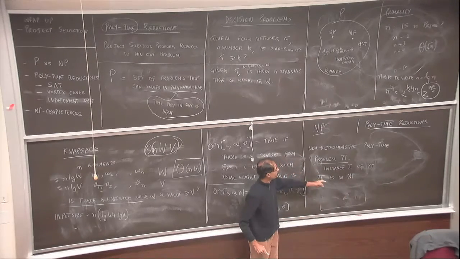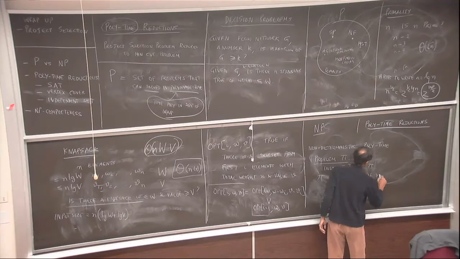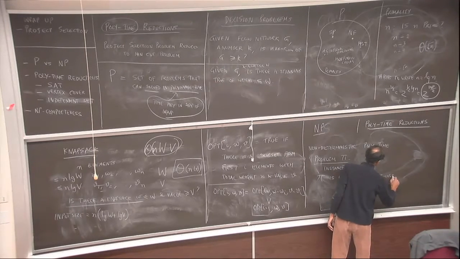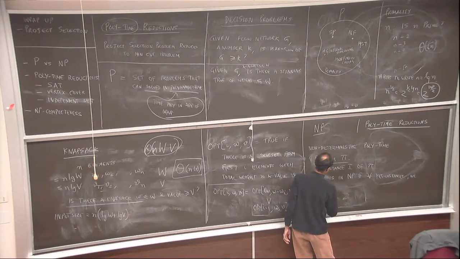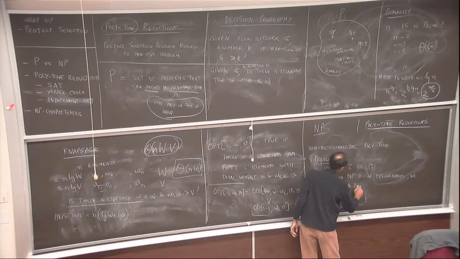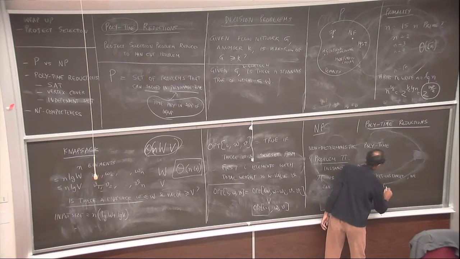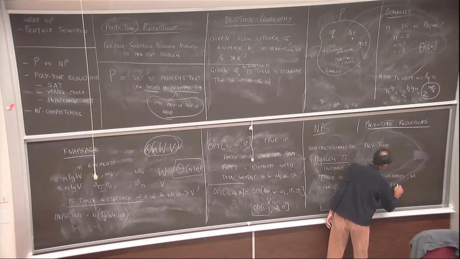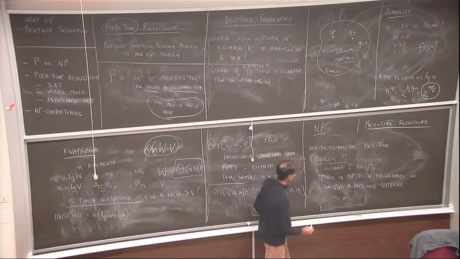So problem pi is in NP if for all yes instances we can give a poly-size circuit that can be verified.